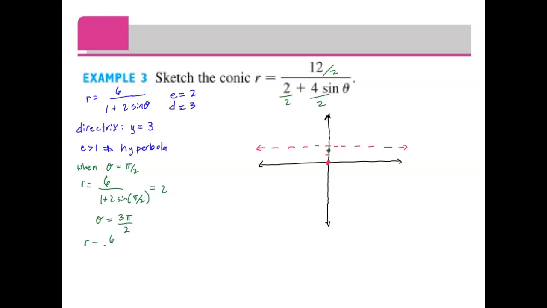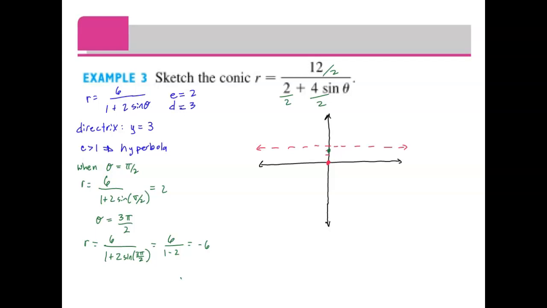All right, and then at 3 pi over 2, r equals 6 over 1 plus 2 sine of 3 pi over 2. Sine of 3 pi over 2 is negative 1. So I get 6 over 1 minus 2, so I get negative 6, right? So let's think about this.